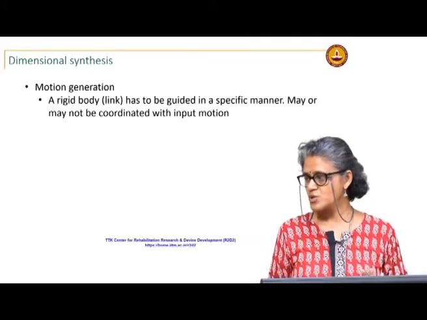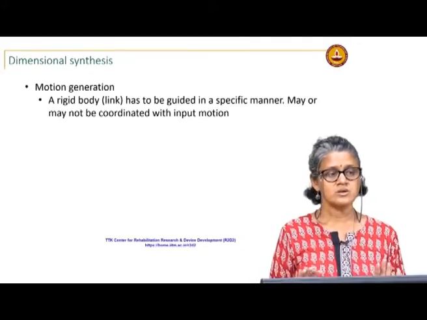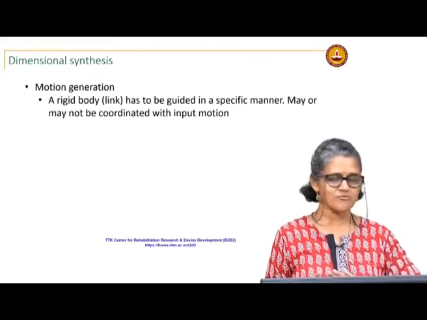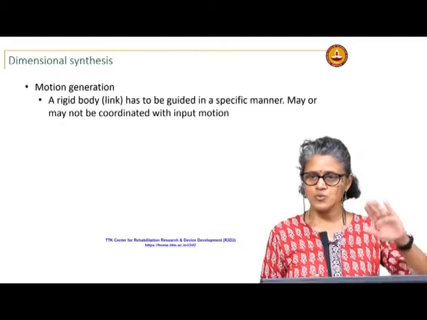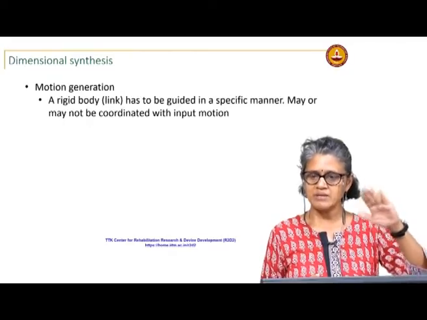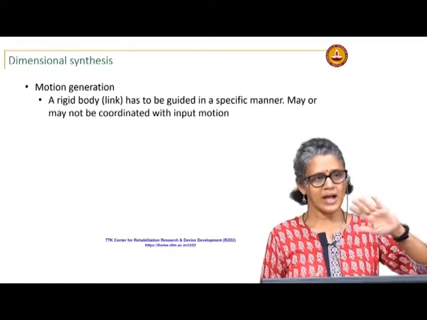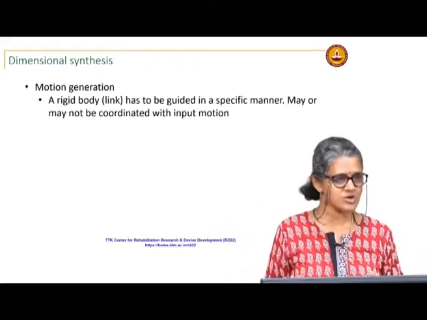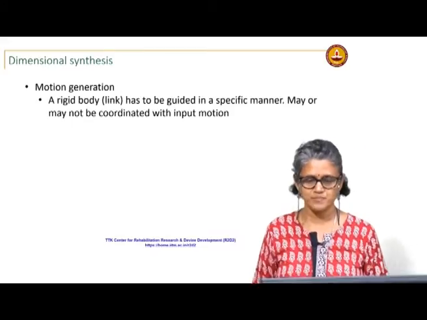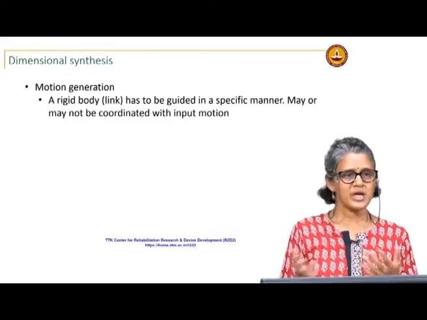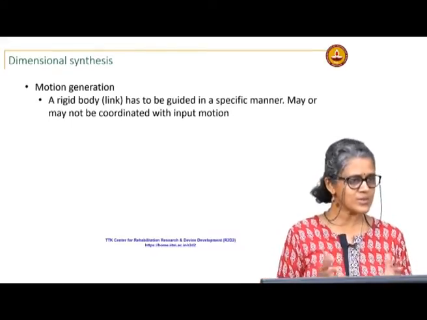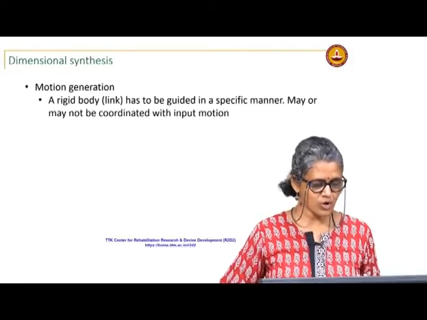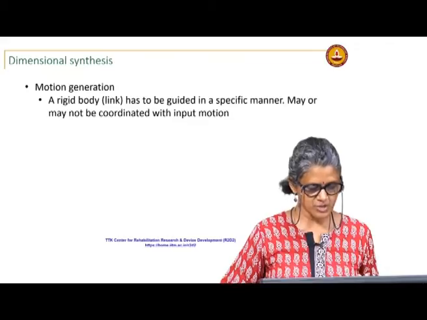So, here we are talking about both the position and orientation of that rigid body. You want the rigid body in the plane located at a certain point and oriented in a certain way, and you want it to go through a series of those positions, and you may or may not want to coordinate it with the input motion. So, these types of problems are called motion generation problems.